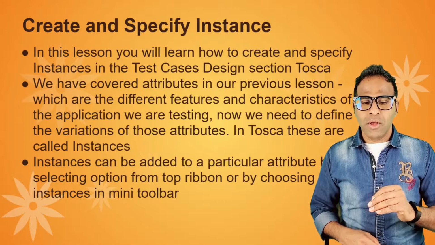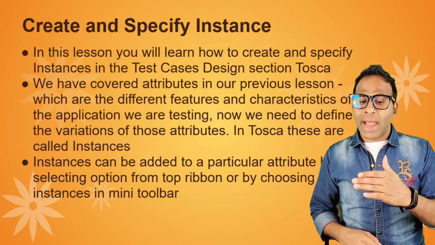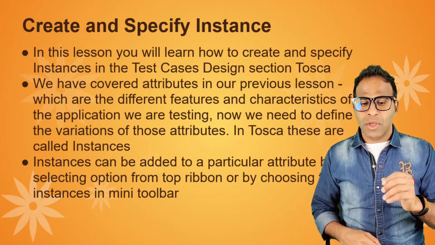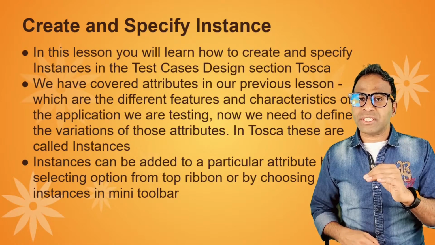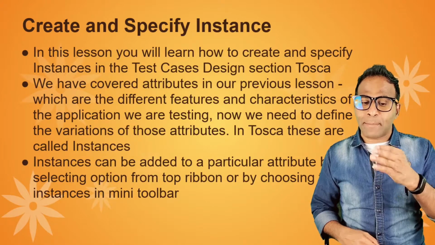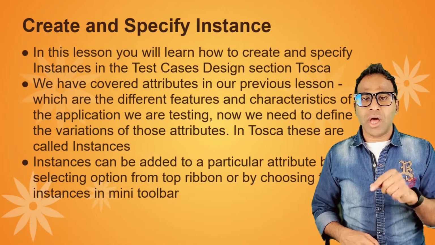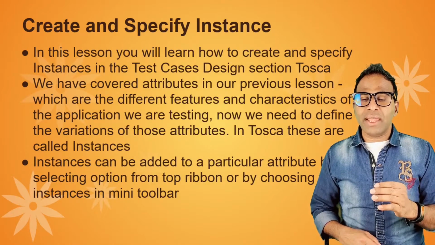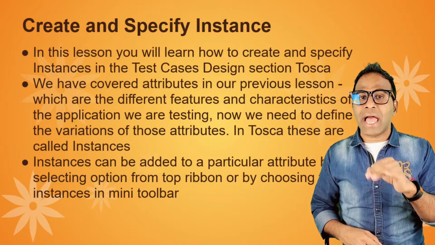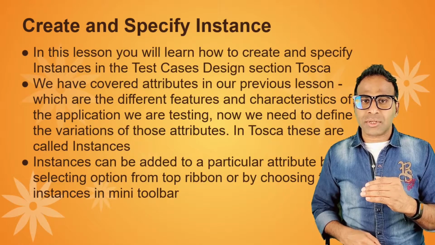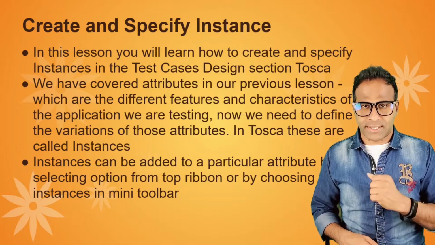We have covered attributes in our previous lesson. So what does attribute mean? Attributes are the different features and characteristics of the application we are testing. Now we need to define the variations of these attributes, right? In Tosca, these variations are called instances.